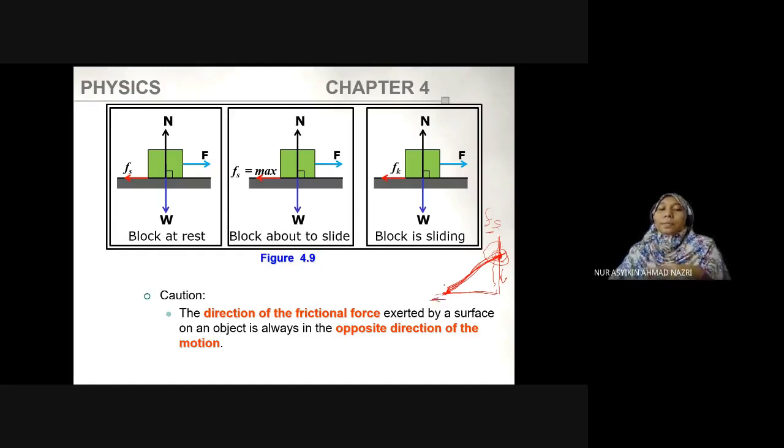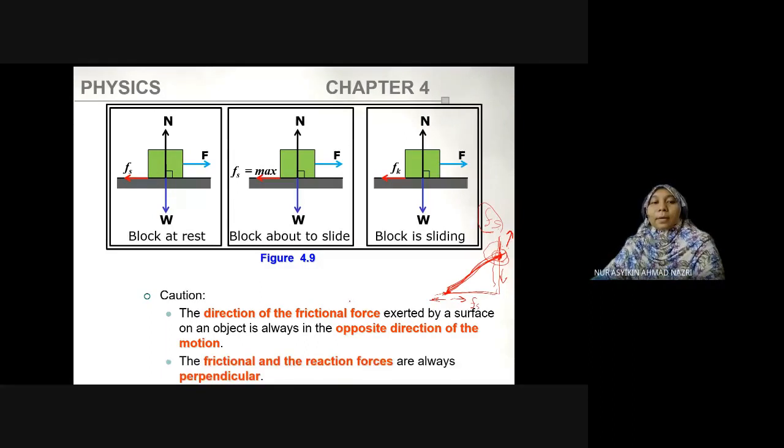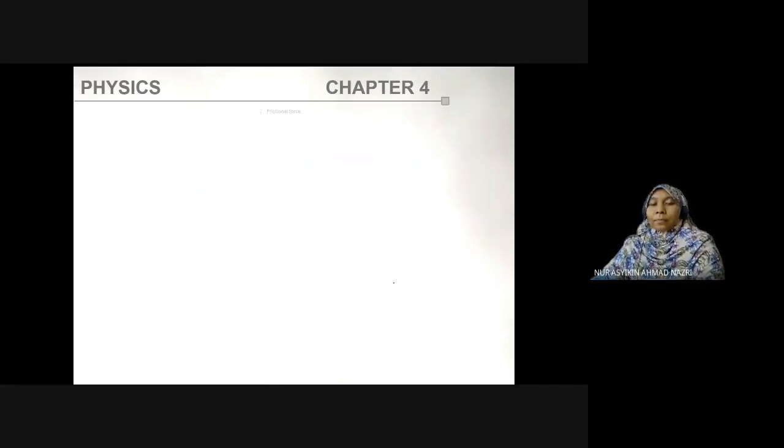So maksudnya dia akan opposite direction. So your Fs akan in this direction, and at here your frictional force akan in this direction. Okay, macam tu lah. Alright, dia kata always perpendicular ni. Boleh ya kelas?